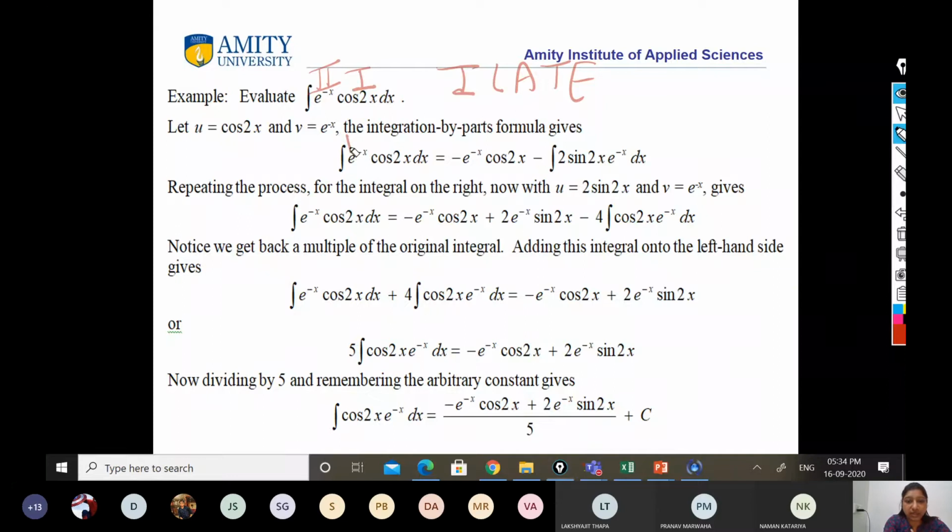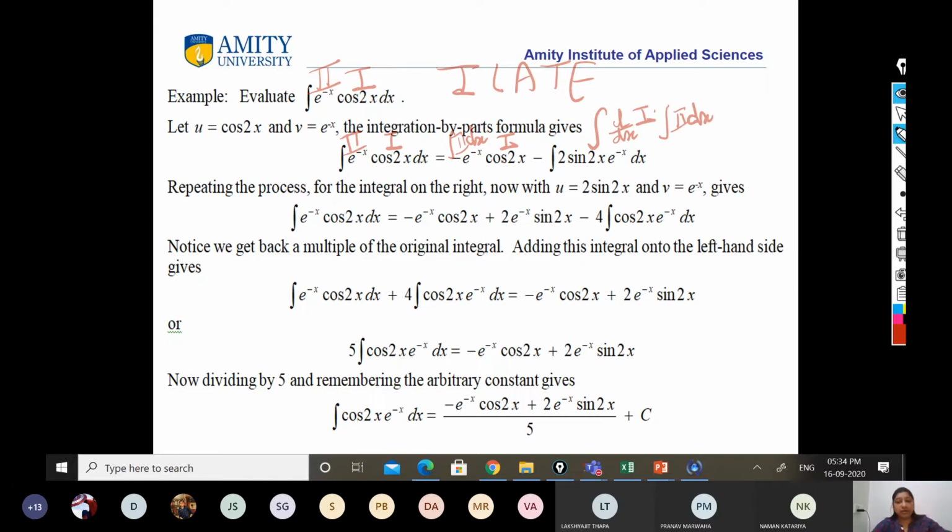So here we have first function as it is into integral of second function, that is minus e to the power minus x, minus integral of derivative of first, that means d by dx of the first function, into integral of second function with respect to x.